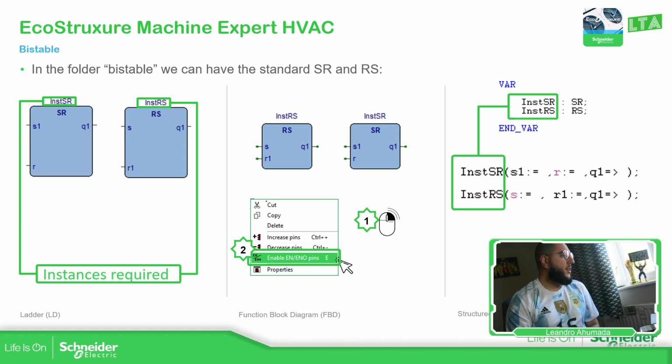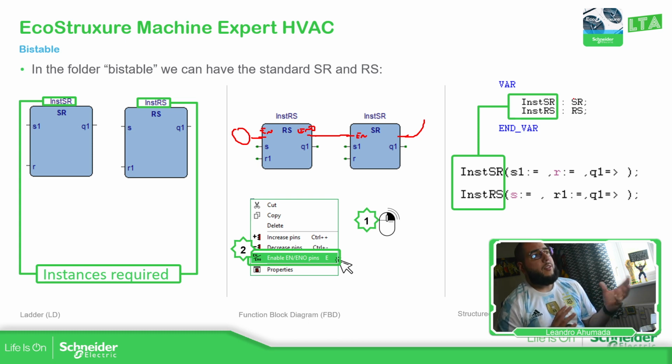For the FBD and ladder, we also have the possibility to specify the enable input and enable output using the right click, so we should be able to see an additional enable and enable output, in case we want to cascade, for example. You can put your condition over here, the expression, and then you just activate and do whatever you want there in the code.